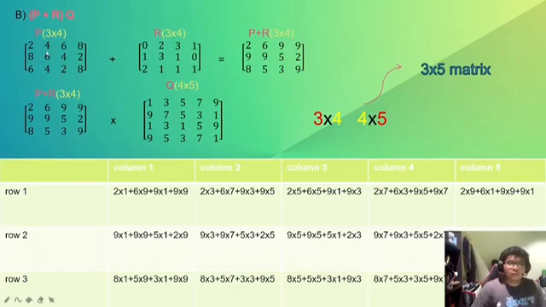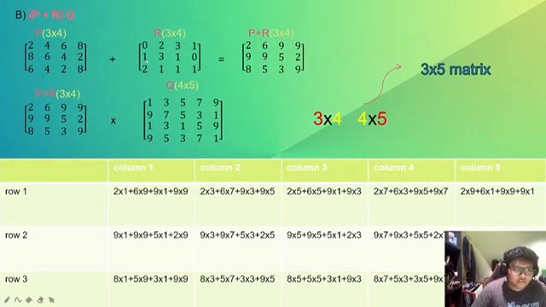I am going to start with the number 2, which is in the first row, first column. Then I will add it to number 0, which is also the first row and first column of the R matrix. So we add these two and get the answer here, in the first row and first column.